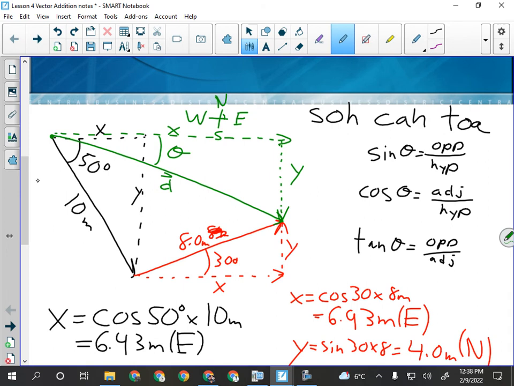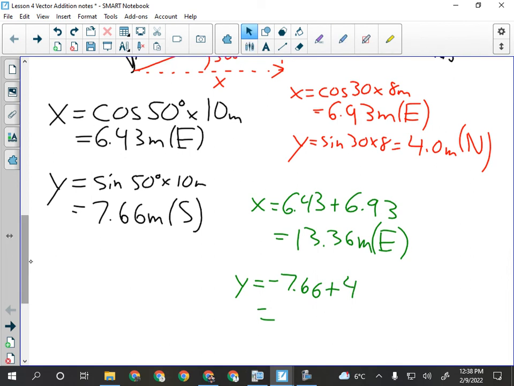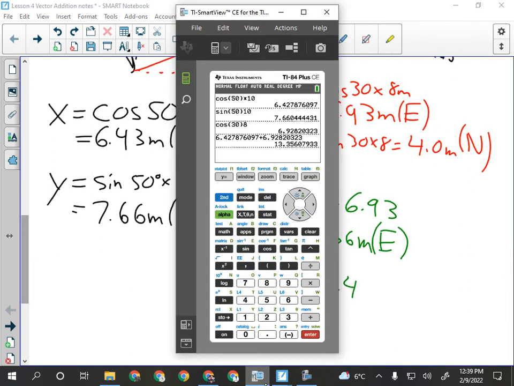So to get green Y, I'm going to take black Y, which is south, make it negative, and add it to my northerly one, which is 4. So that should give me 3.44, right? Negative 7.